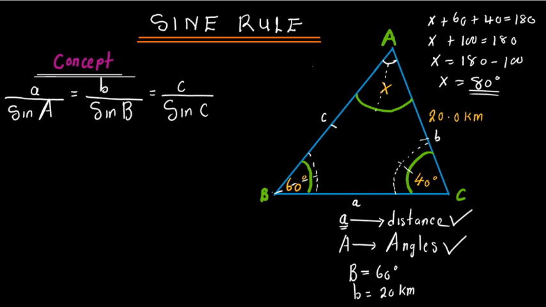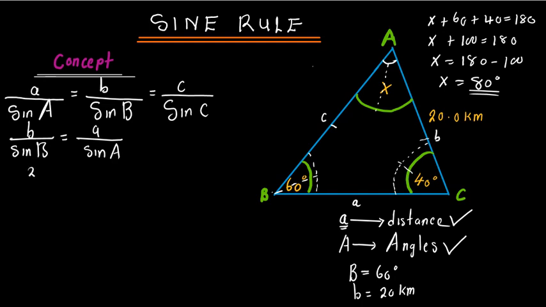Let's first of all find A. In this case, I'm going to use the side which is complete. So B over sine B is going to equal A over sine big letter A. Now, what distance is B?